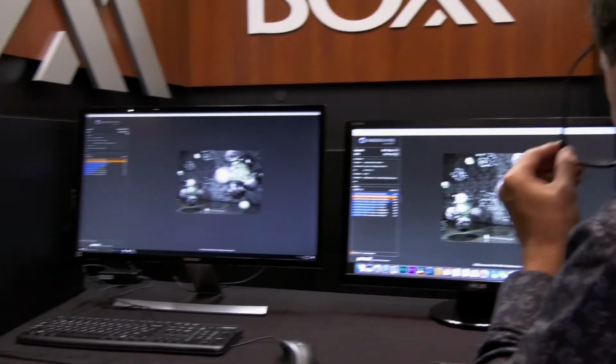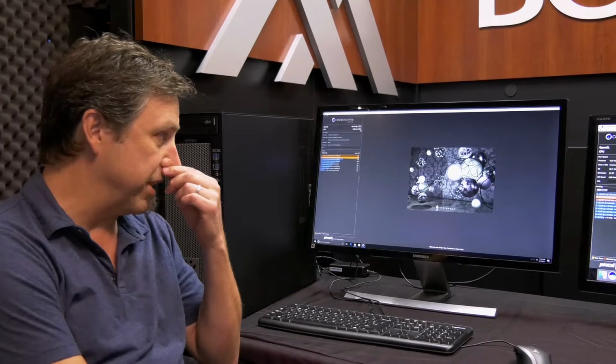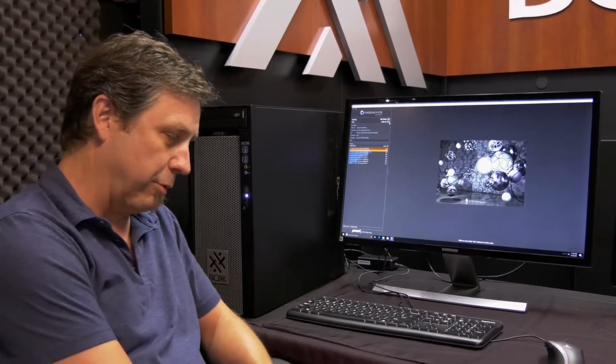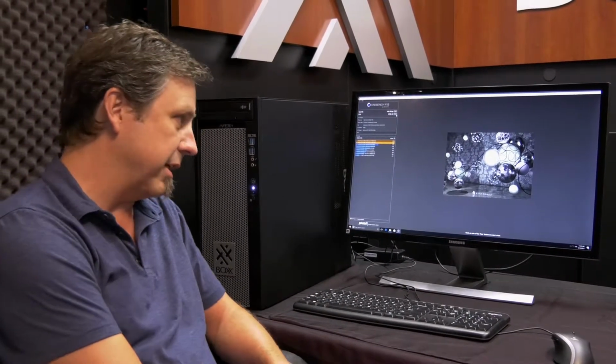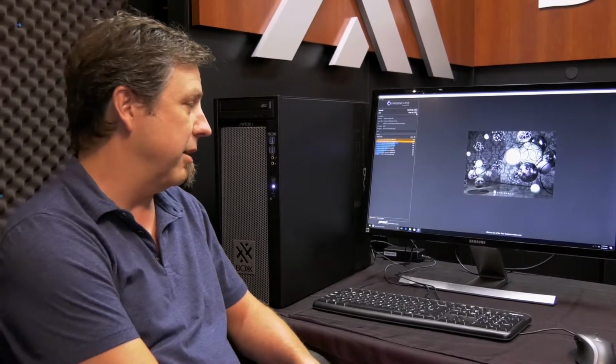Yeah. Just looking at this, a lot of people always associate OpenGL with gaming or real-time 3D rendering, but of course it goes well beyond that.